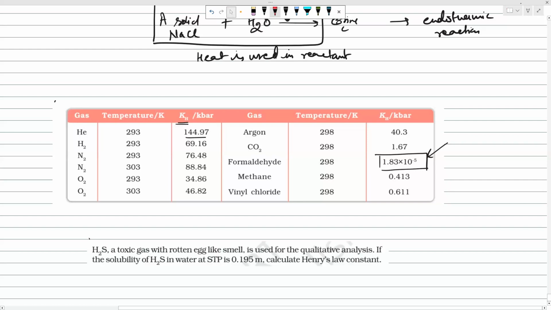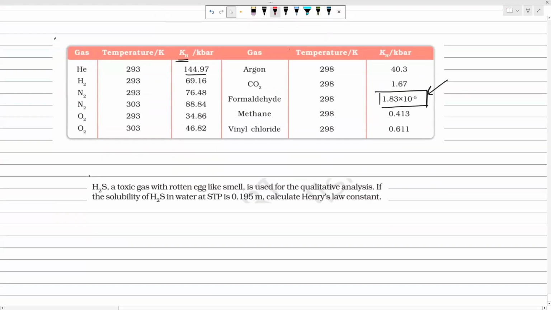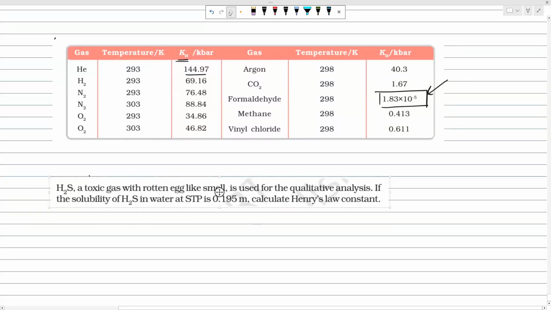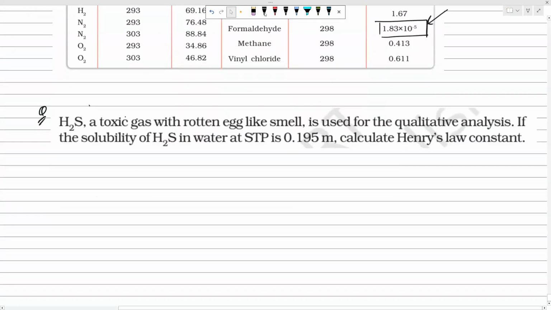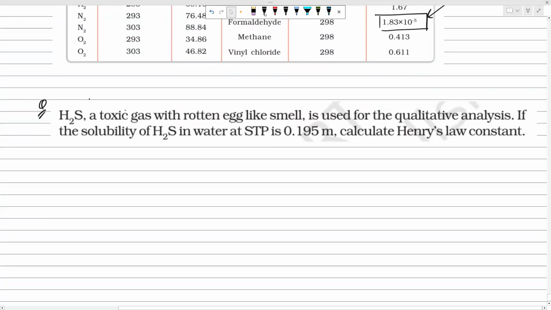So here is the question. Please try to solve this question. H2S is a toxic gas with a rotten egg-like smell.